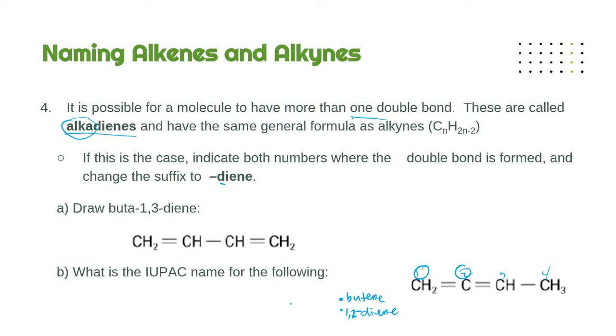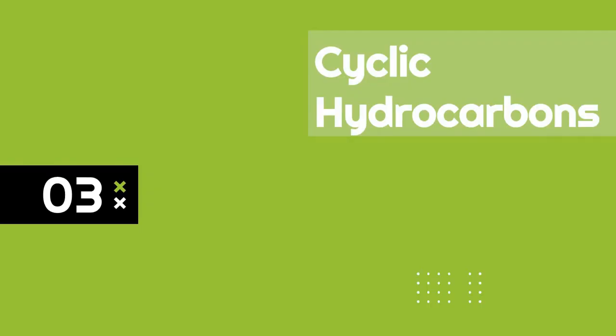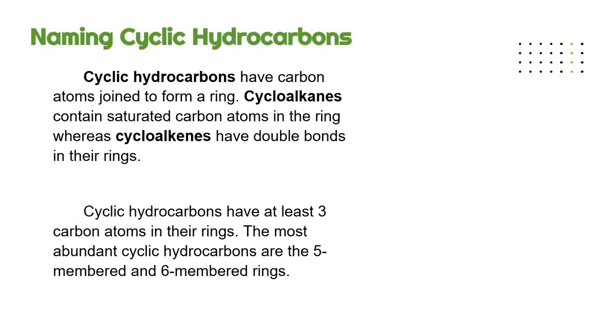So 1,2-diene. So the name is first the parent name, buta. It's with an A because this is alka. Buta-1,2-diene. Yep, we're good.